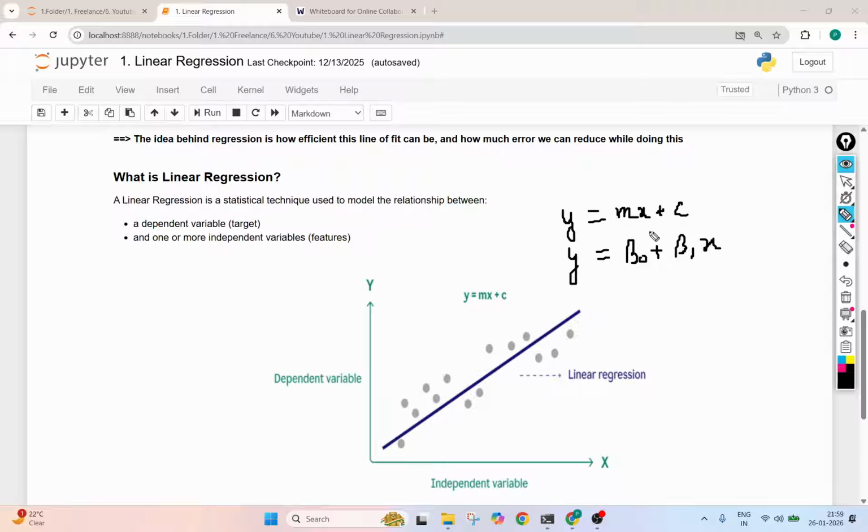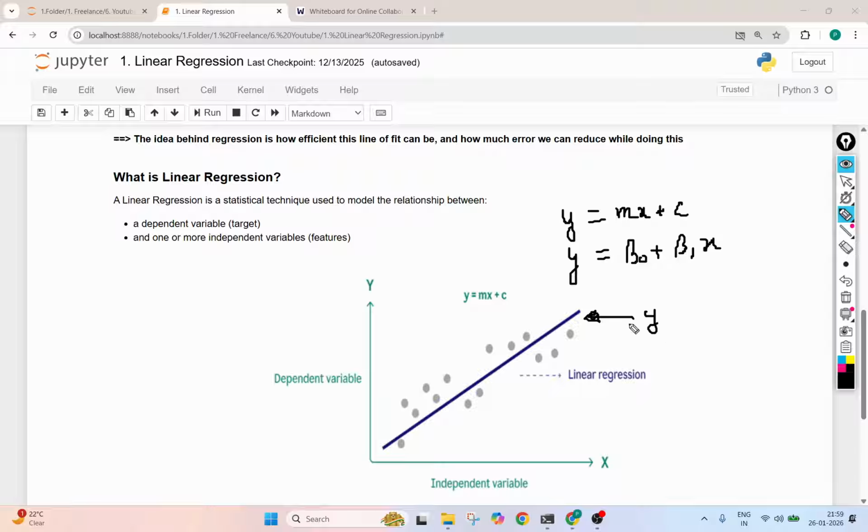Now, what is this m or c or beta naught or beta 1? All right, let's come to here as well. Now, y, as we know, is the output variable here, the salary. So all the points you see over this line are points belonging to y. All these points refer to the salary, right? The dependent variable. So all these points over here, this line, are my y.